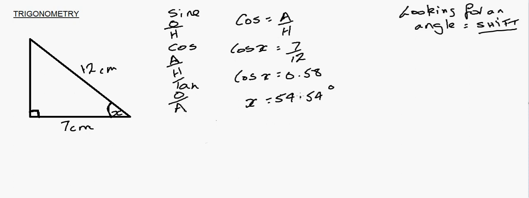Okay, so remember, this is the opposite, this is the adjacent, this is the hypotenuse. Remember this, and if you're looking for an angle, press shift.